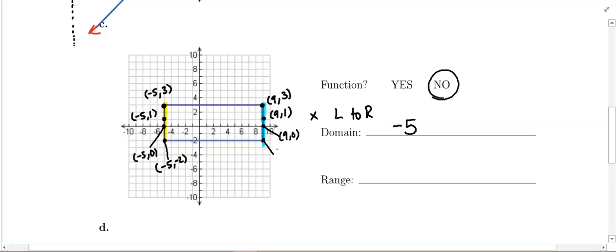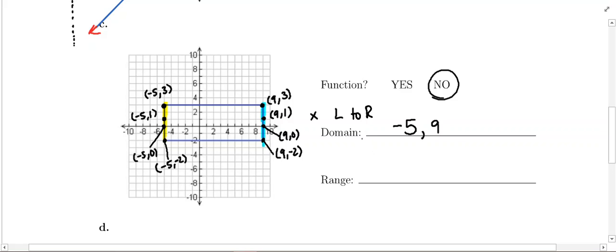And this is (9, -2). There are infinitely many points on that blue segment if you take into account y values that are decimals and fractions. But from just these four points, you can see that every single point on that blue segment has an x coordinate of 9. So the rightmost x value is +9.